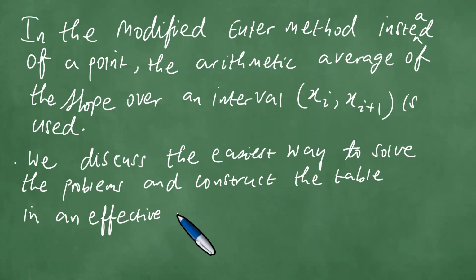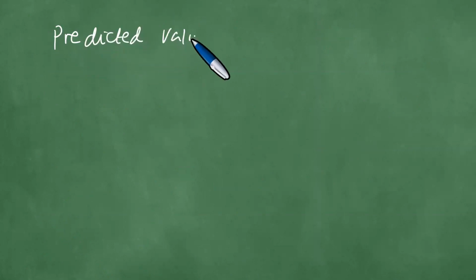We're going to construct a table for the modified Euler. How do we construct this table? This table has what we call the predicted values versus the corrected values.